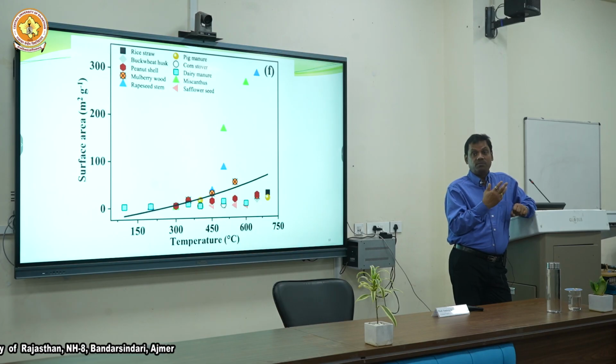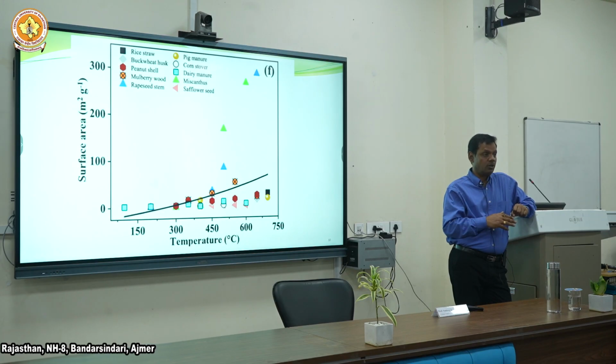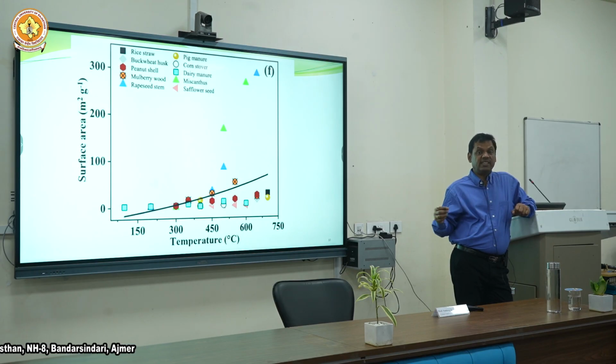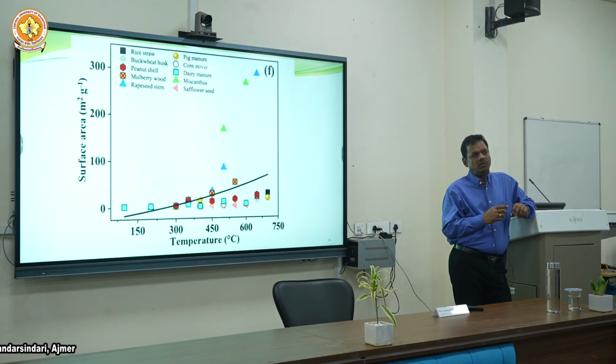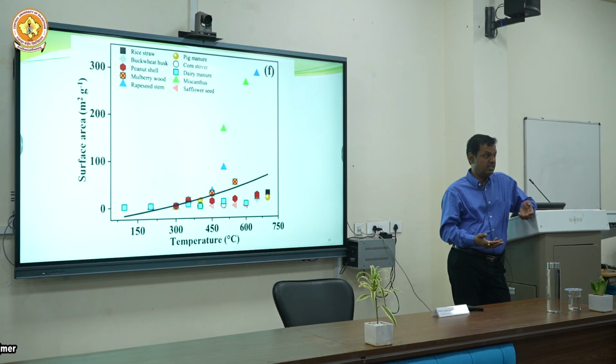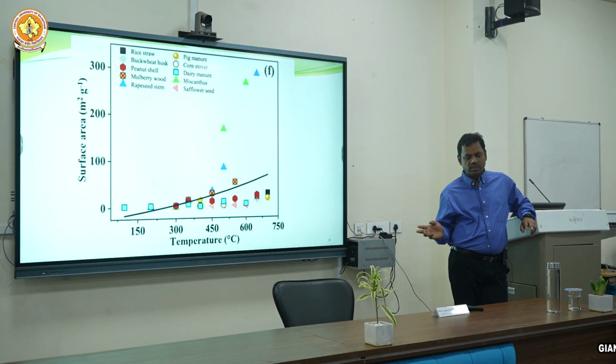It might be porous still, but pores are blocked. When you measure as it is, you will see very low surface area, because tar and other things will block. Now if we want higher surface area, then we will do cleaning of pores by steam treatment or impregnating something and heating again. Okay, so that's a way to understand.